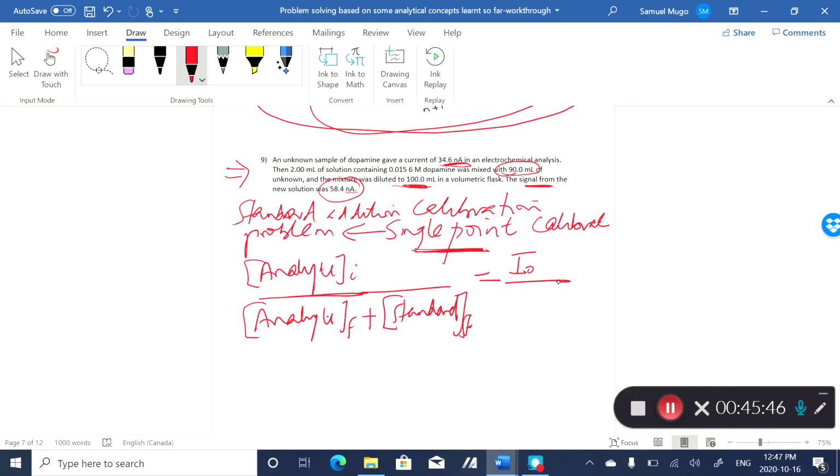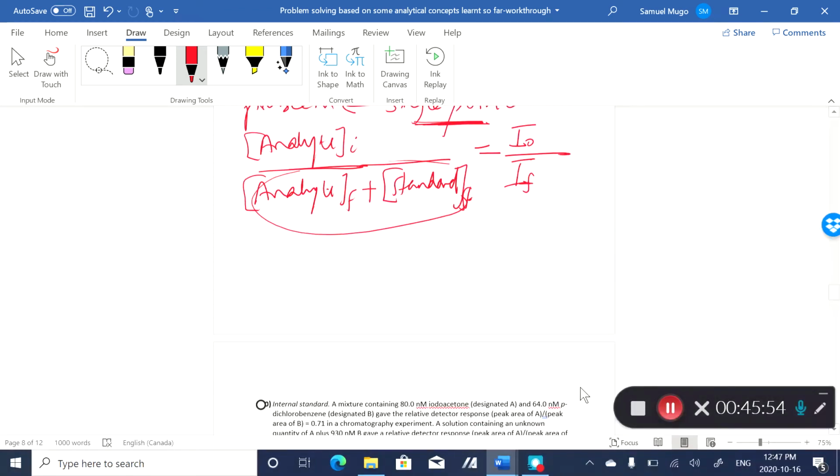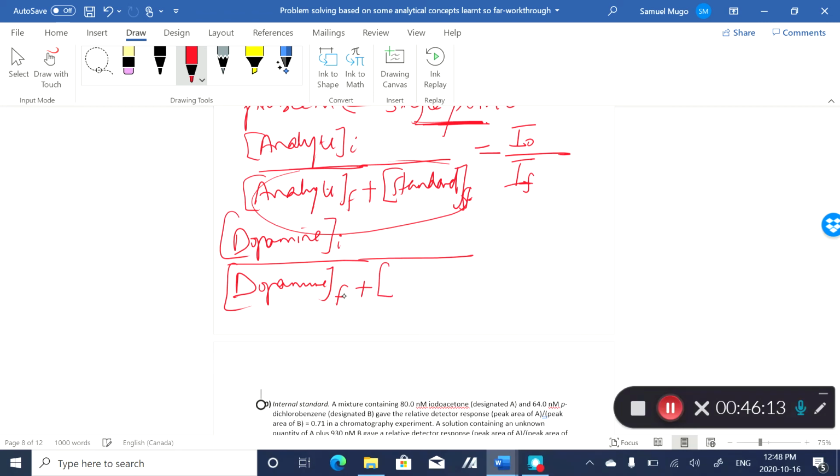And it corresponds, of course, to the signal of this guy finally, the signal final. So in our relationship here is going to be the dopamine. That's what you're trying to analyze. And so the dopamine initial, that's what you're looking for, divided by the dopamine final. And then you spiked it with the standard. Of course, the standard has to be dopamine as well.